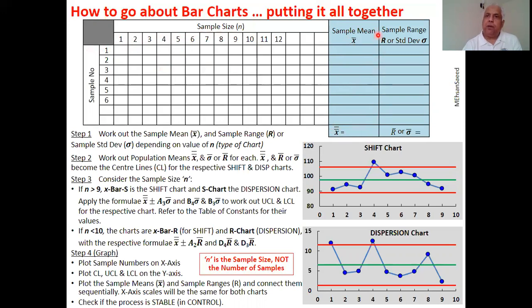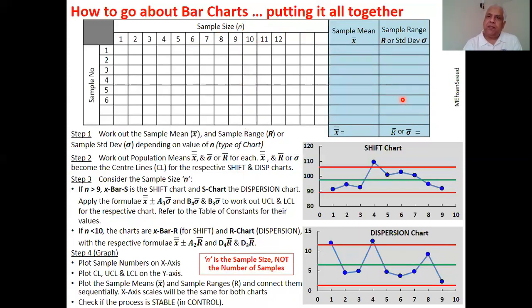The second column will depend upon the sample size. If the data is up to 9, then over here, the argument is range. But if the data goes beyond 9, it is 10, 11, 12, 20, 50, 100, then the argument here is standard deviation.